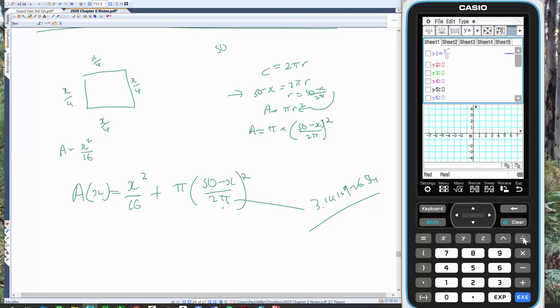So x squared over 16 plus pi multiplied by the fraction 50 take x over 2 pi, and we're going to chuck that all in some brackets and square it. All right, so there is our function. Now let's graph it.